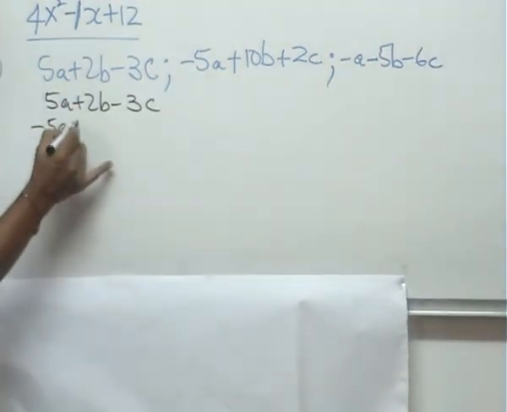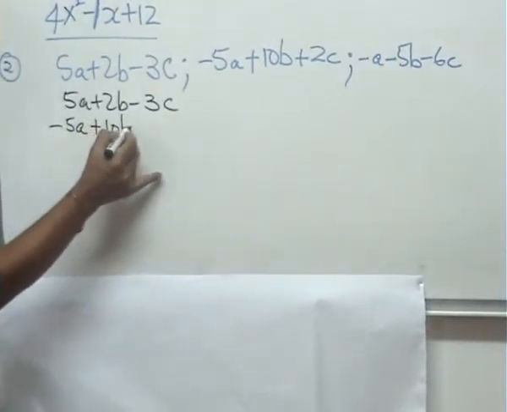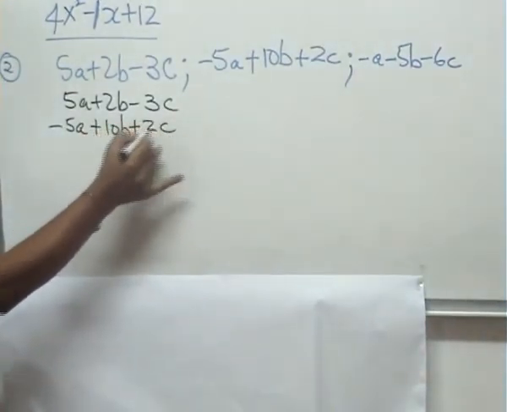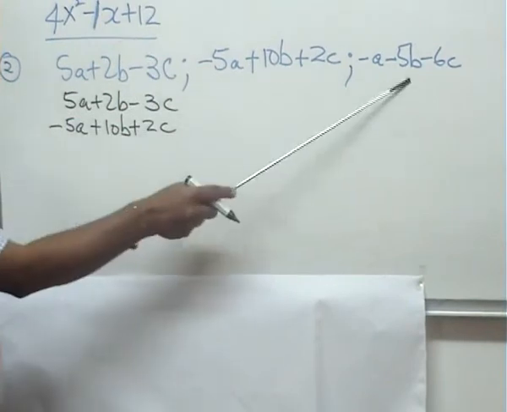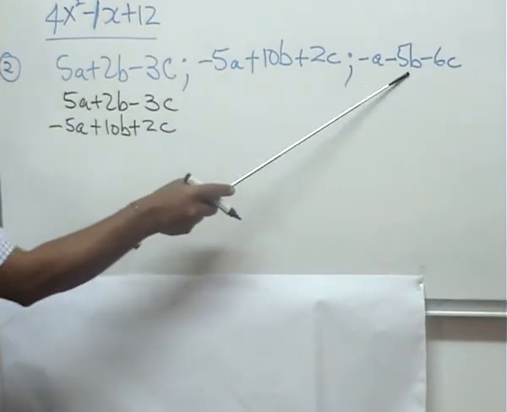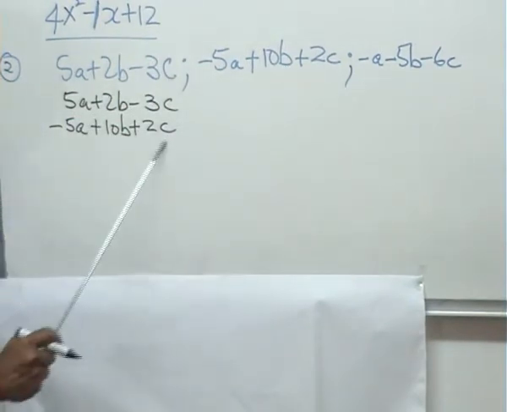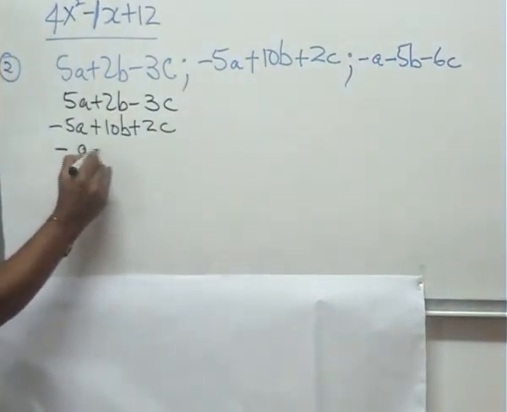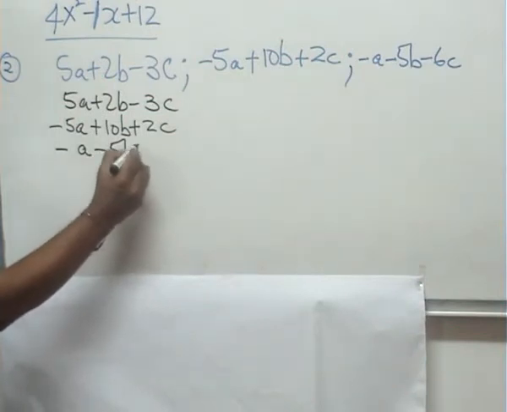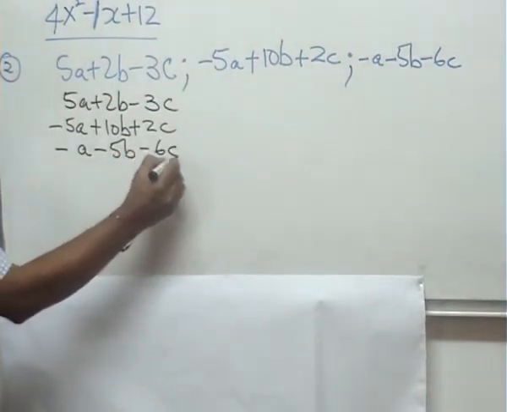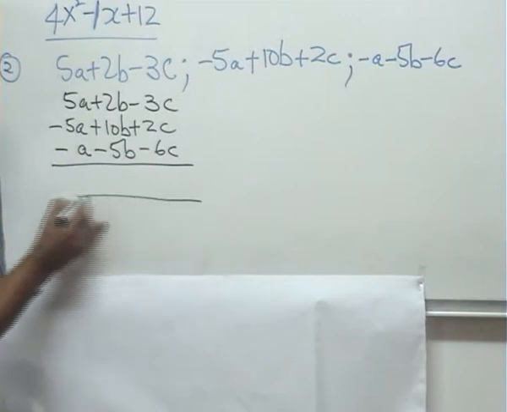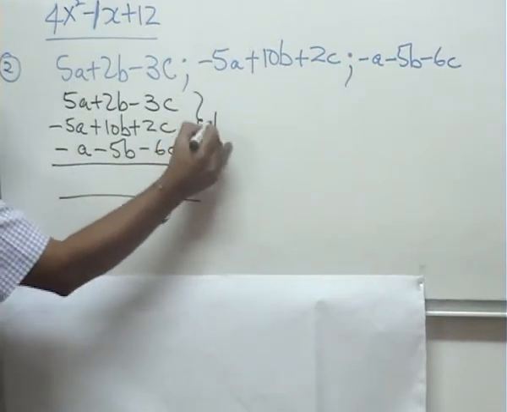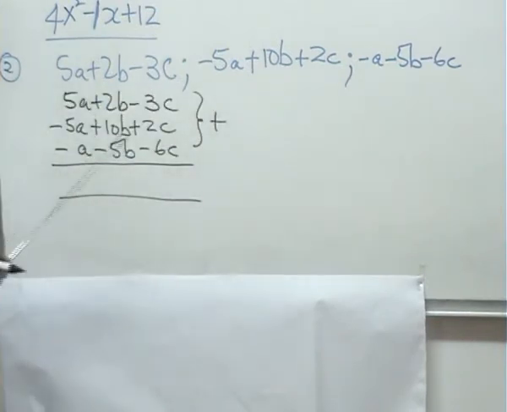So you'll get minus 5a plus 10b plus 2c. There's no problem. And then if you take the last one, it's a, b, c. It's in the same order, so there's no problem. There's minus a, minus 5b, minus 6c. And what we're doing, we are adding all of this up.